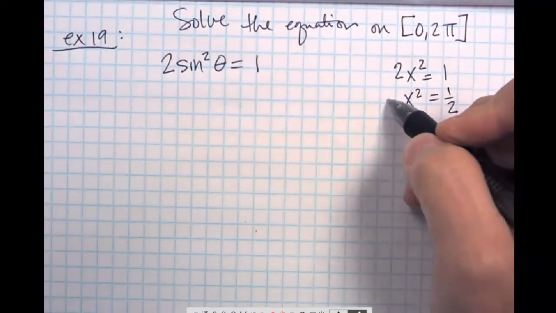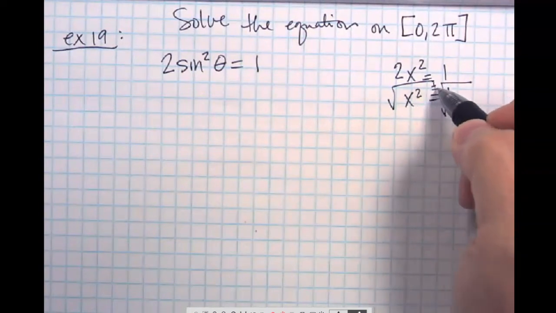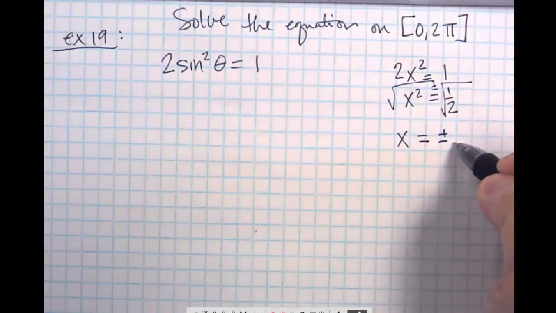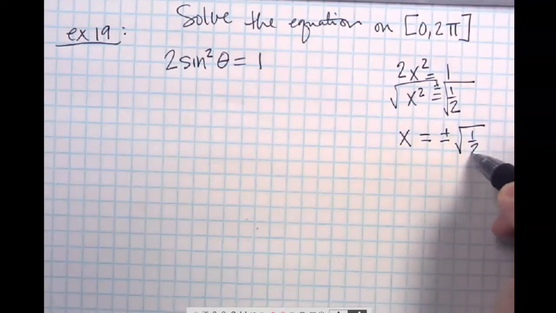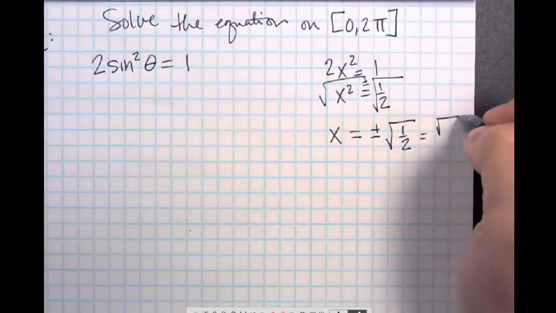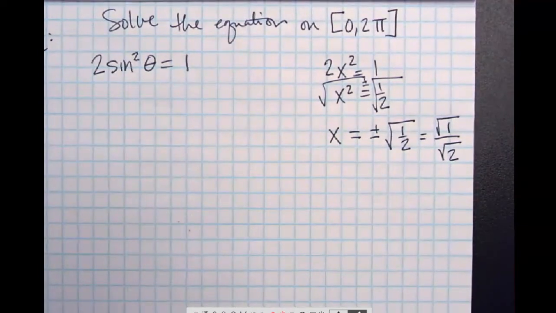But when I square root, what is that little thing I need to remember? Plus or minus. So I would have x equals plus or minus the square root of 1/2. The square root of 1/2 is also the square root of 1 over the square root of 2. But what's the square root of 1? 1.